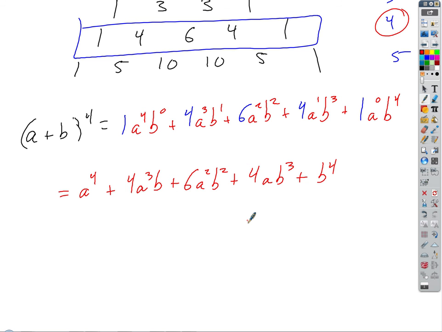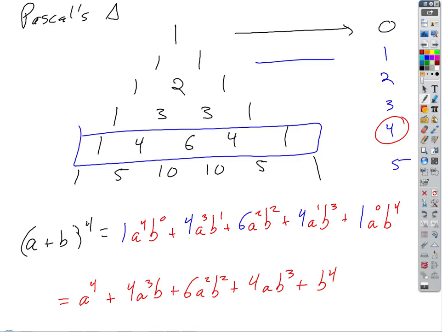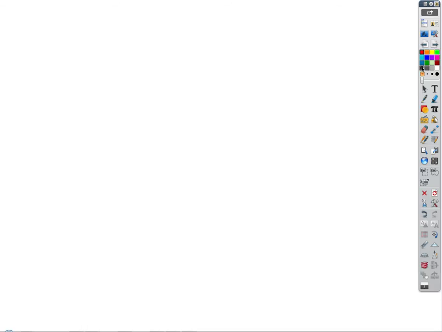So then we could quickly, by just slapping down this Pascal's triangle, we could expand anything pretty easily. Like let's just say, for example, we want to expand, do this one. Expand x minus 2 to the 5th, using a Pascal's triangle.